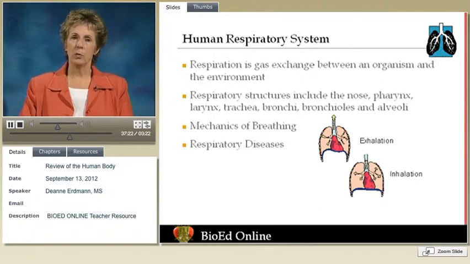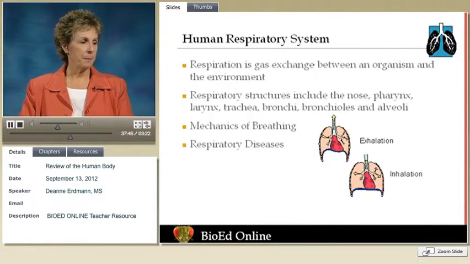If we raise the ribs and lower the diaphragm, we've expanded the cavity. And that causes the pressure to lower, so air rushes in. When we want to exhale, we do just the opposite. We raise the diaphragm and we lower the ribs. The pressure is increased and air rushes out of that particular space.